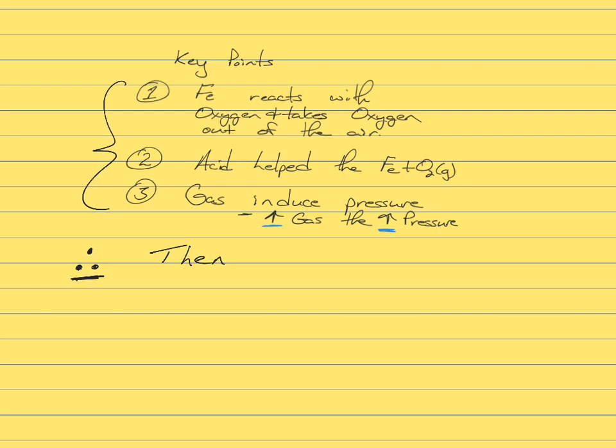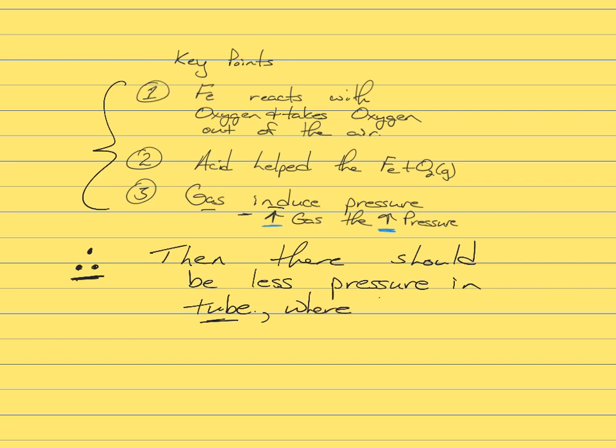If those three are true, the more gas you have, the higher the pressure, and iron takes oxygen out of the air, then over time there should be less pressure in the tube, where the reaction is happening.